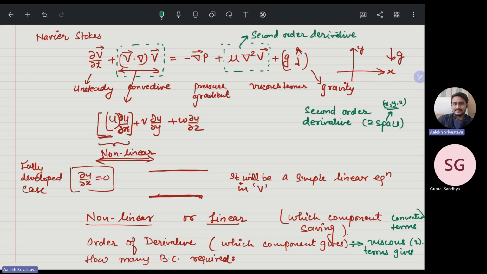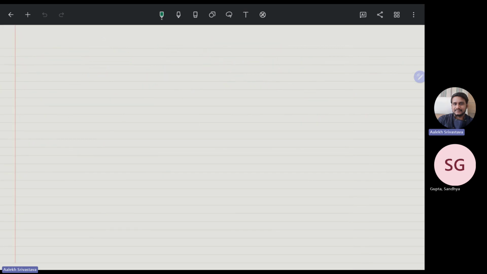Because of the second order derivative of this term, we require 2 in space, and we have a time term, so we require 1 in time. So this is the number of boundary conditions required to solve the Navier-Stokes equation: 2 in space and 1 in time. So this is the basic of the Navier-Stokes equations. After that we will proceed.